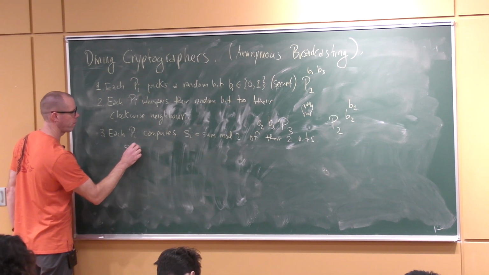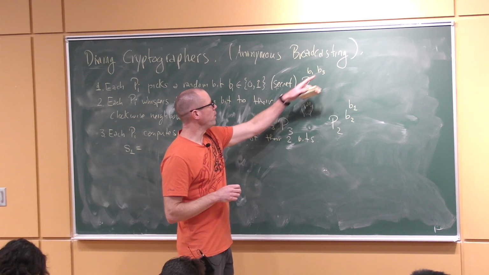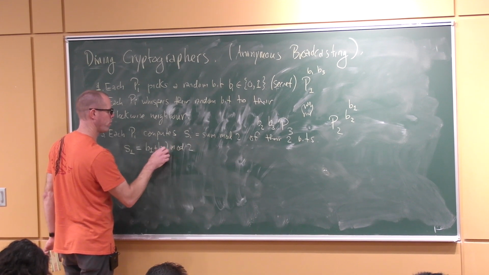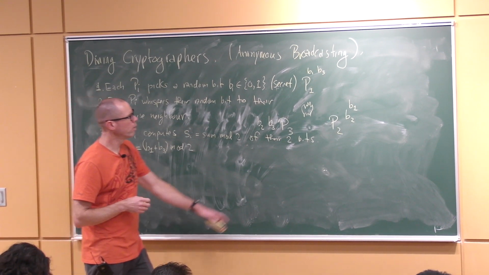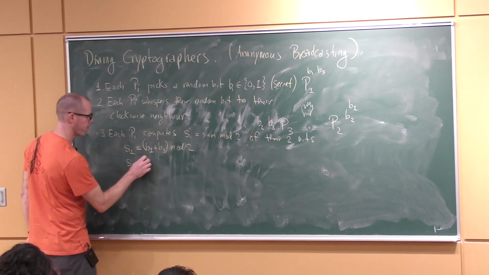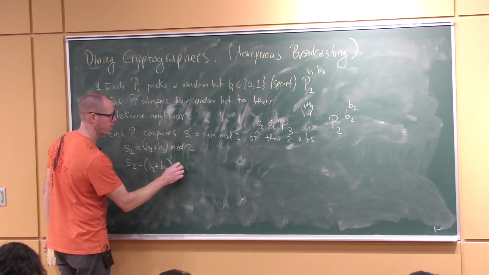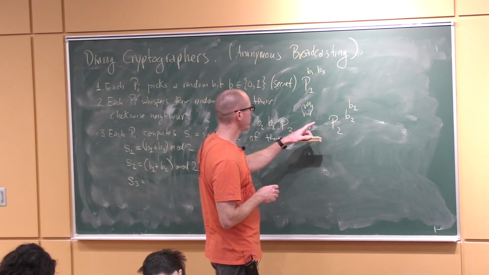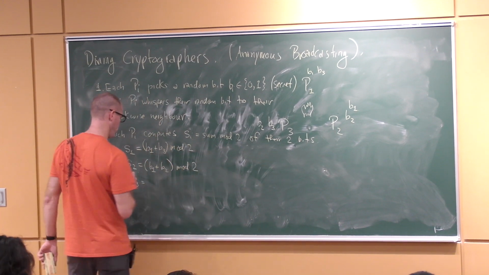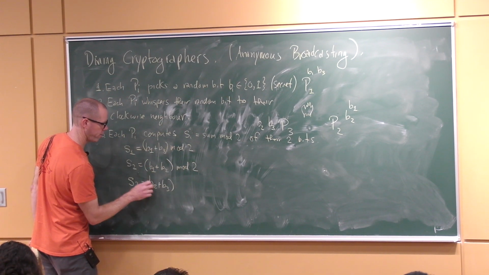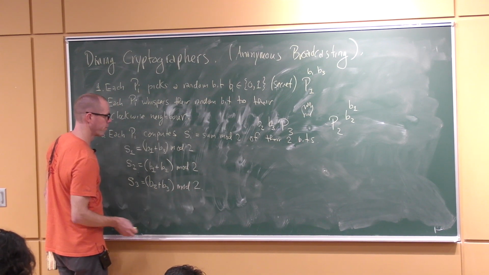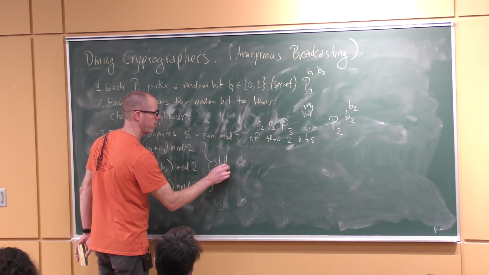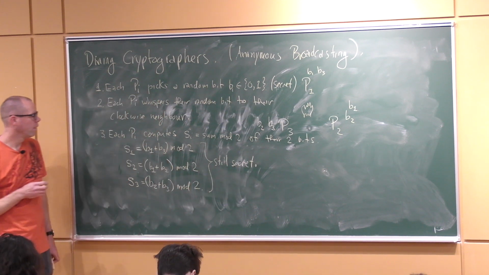That means that S1 is equal to B1 plus B3 modulo 2. S2 is B1 plus B2 modulo 2. And S3 is B2 plus B3 modulo 2. This is still stuff they keep secret. Okay?